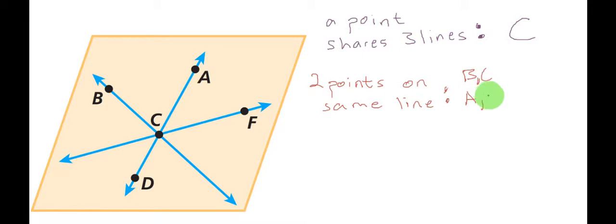So A and C, or A and D would work, or C and D. And finally, a third possible answer for this would be choosing the line that passes through points C and F. And in that case, you would say, hey, you know what, it's points C and F here. Cool, so any of these are possible answers that would satisfy this problem.